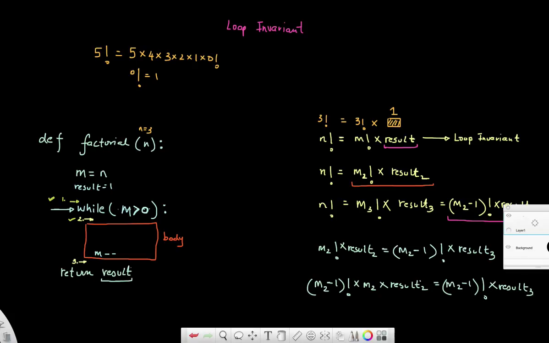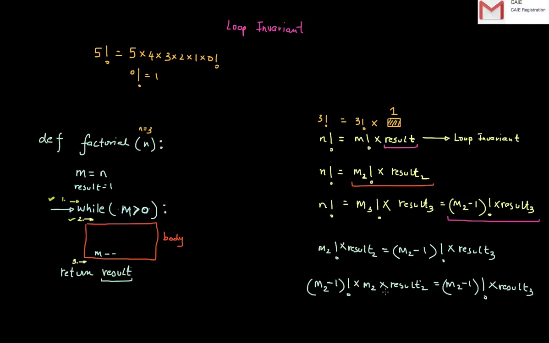Okay, why did I do this? I did this because now I know exactly that this result subscript 3 is actually equal to m2 times result 2. Okay, I can rewrite this result 3.